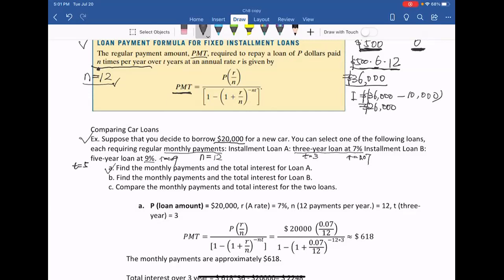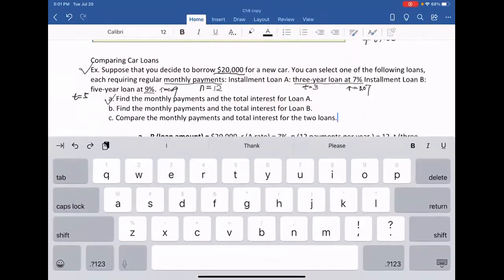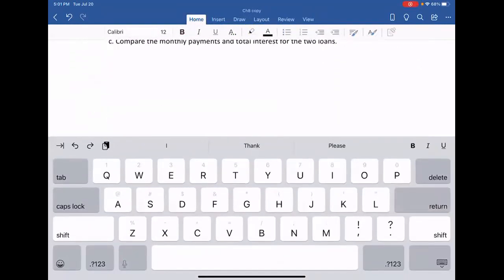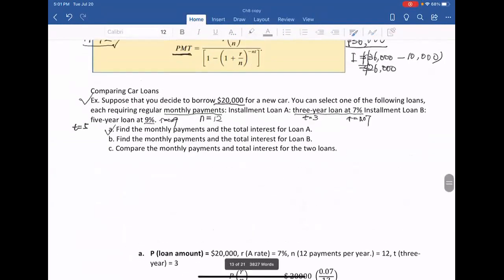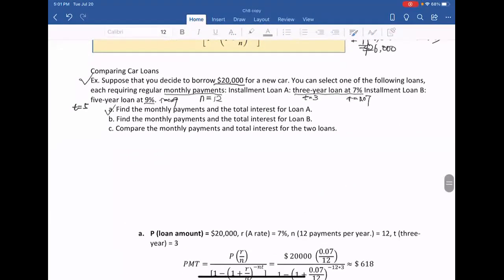We need more space. Okay, A, find the monthly payment.